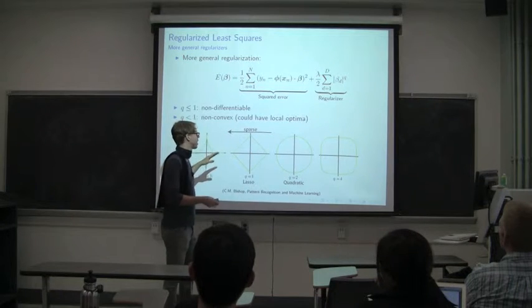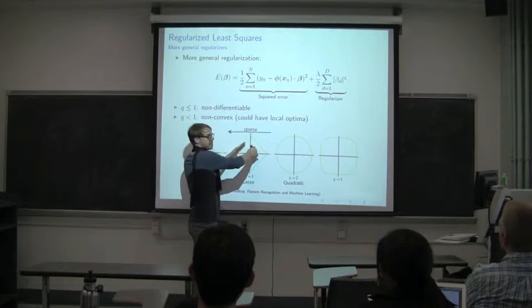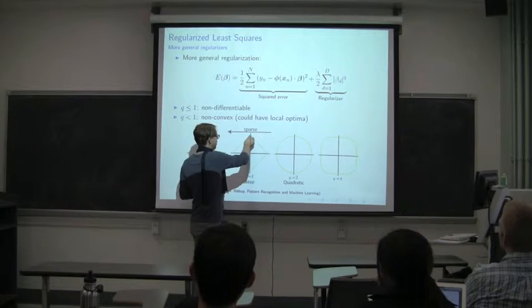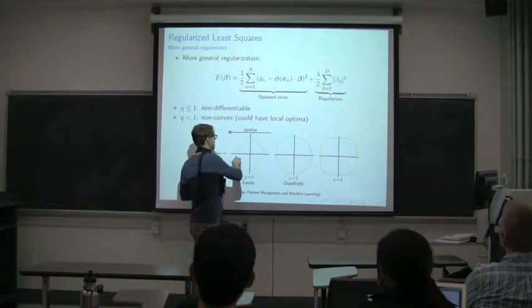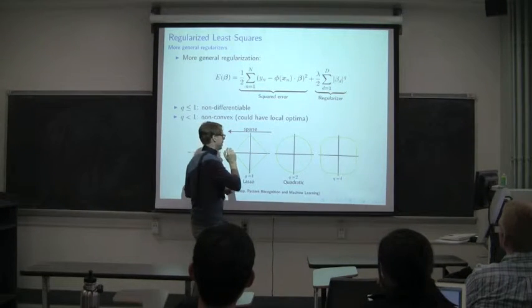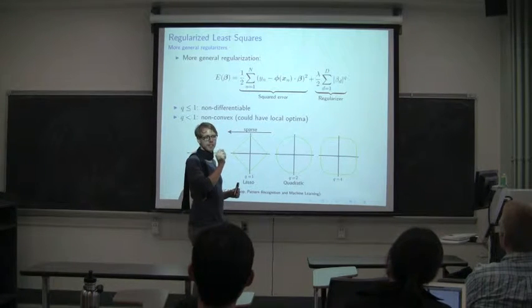What these are is level sets of the penalizer. Wherever there's a green line, the penalizer has the same value.